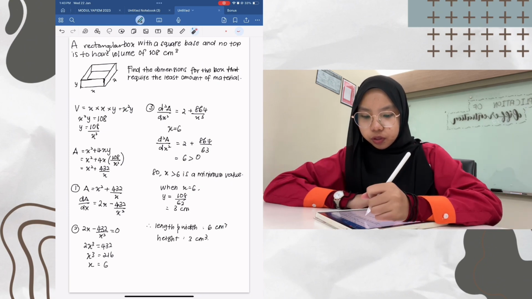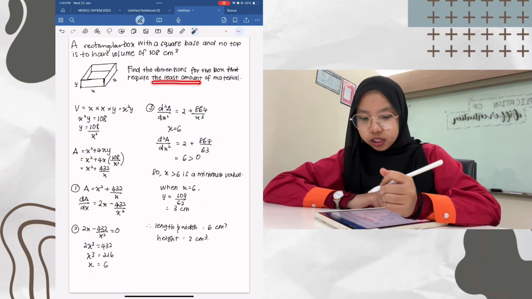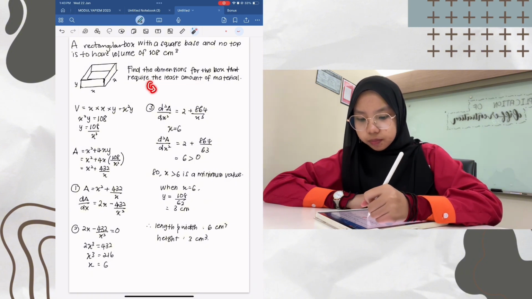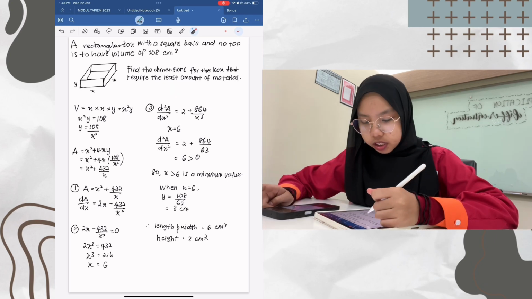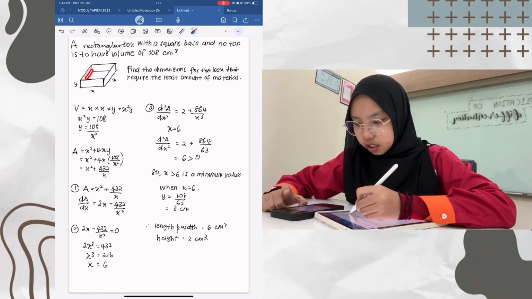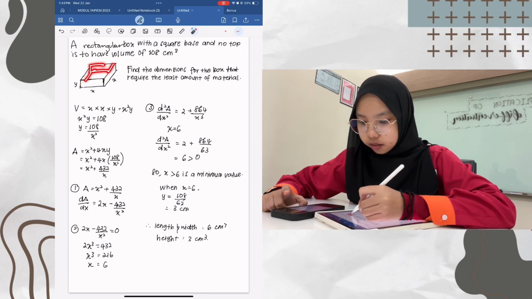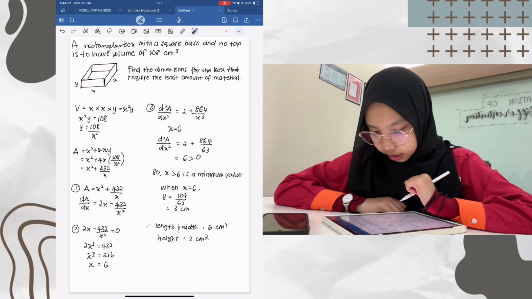From the question, when it says the least amount of material, we know that it wants the minimum of the material. So the function to be minimized is the surface area, while the volume remains fixed at 108 centimeter cube. Now let's start the calculation.